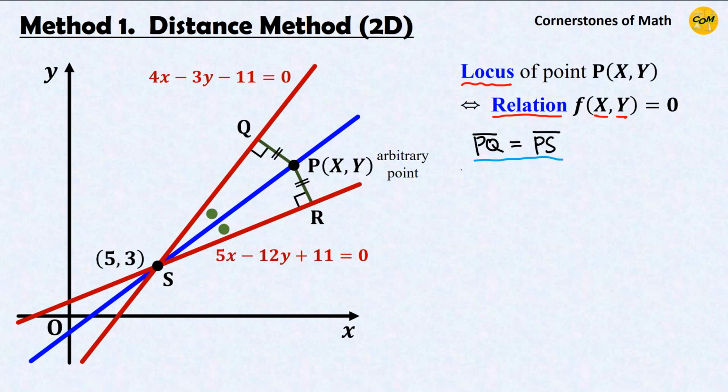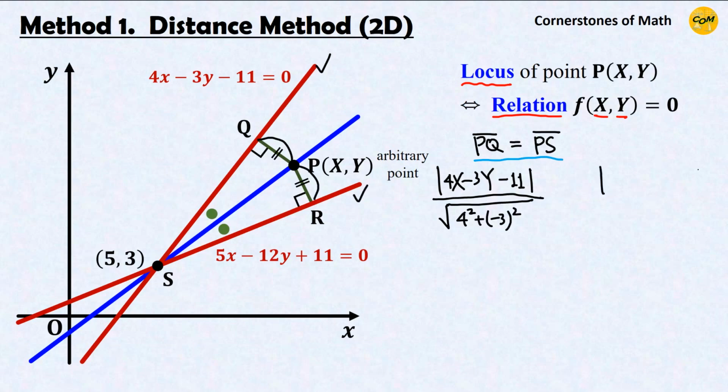Using the formula for the distance between a point and a line, the distance from point P to this line is the absolute value of 4X minus 3Y minus 11 divided by the square root of 4 squared plus (minus 3) squared, and the distance from point P to this line is the absolute value of 5X minus 12Y plus 11 divided by the square root of 5 squared plus (minus 12) squared.